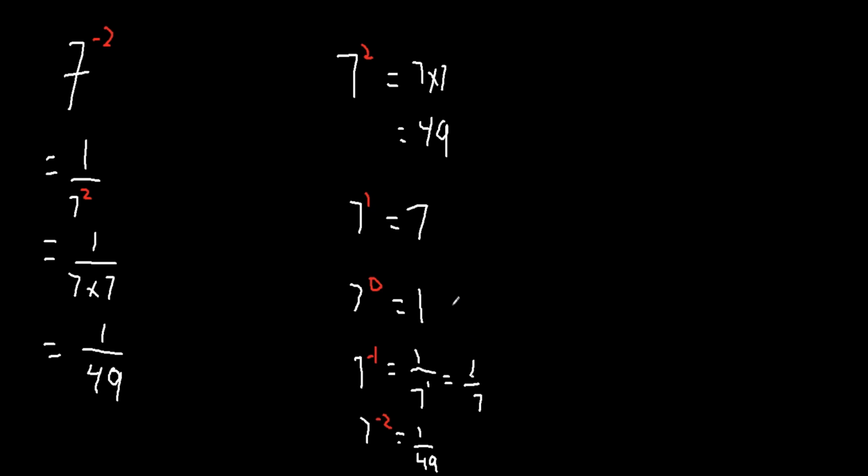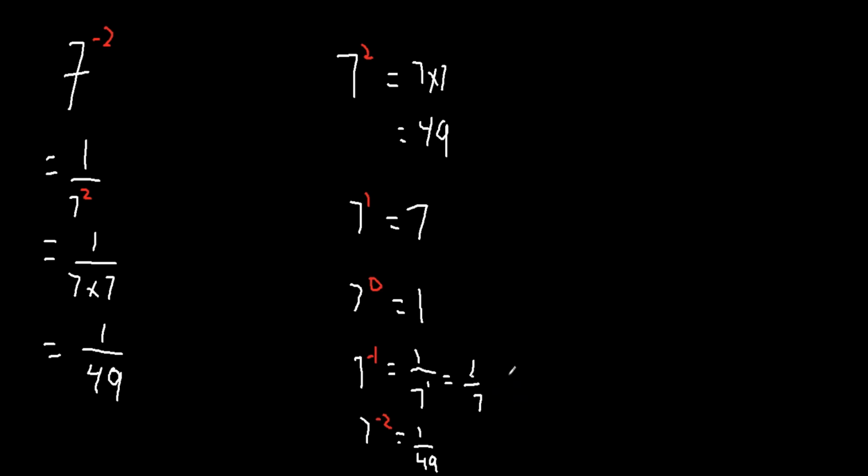As you can see here, our pattern still continues. Remember that with our pattern, we're dividing whatever our product is by our base. Our base is 7, so that's 49 divided by 7, which is 7. Divide by 7, which is 1. Divide by 7, which is 1 over 7.